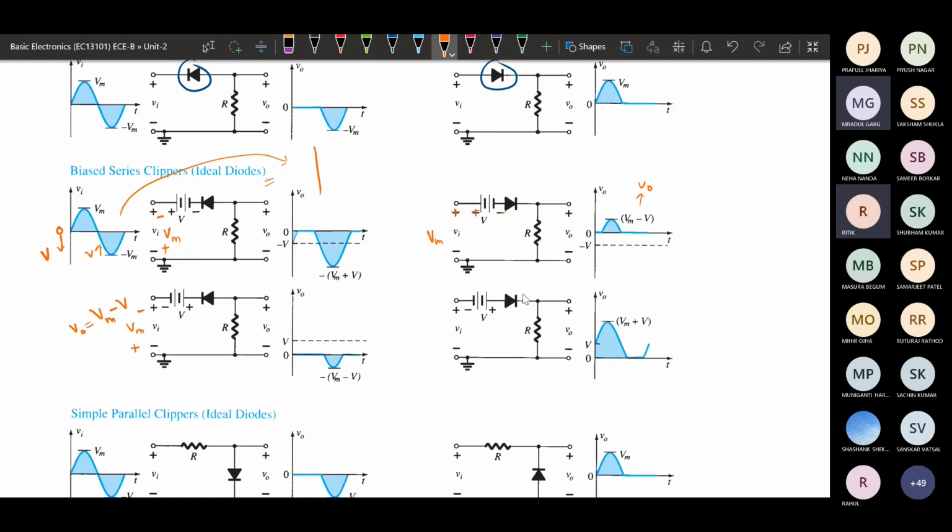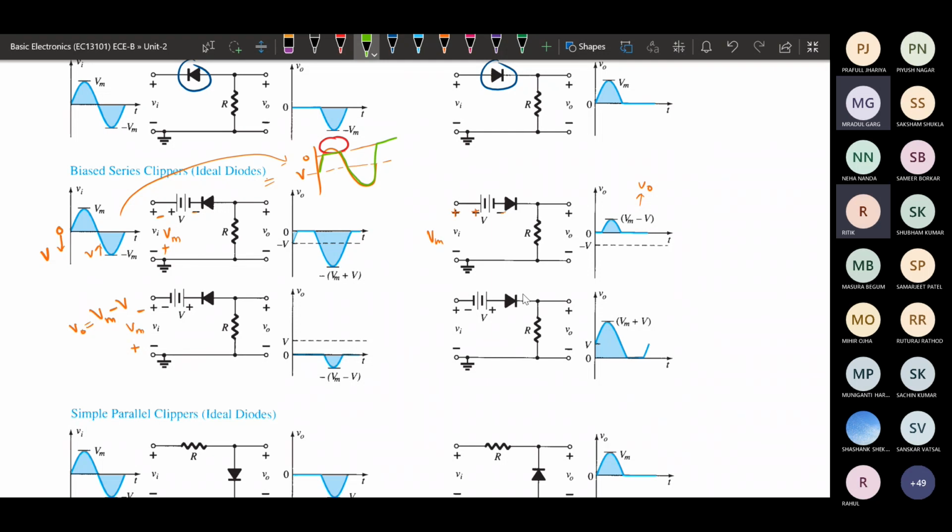Instead of 0, across this V volt the waveform will be like that, and the 0 will be somewhere here. Now we are clipping the positive, so we are clipping this portion. If we clip this portion, the remaining portion will be this that we have obtained.